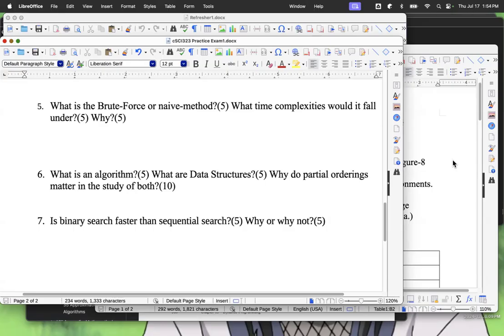And a great example, I think, of a brute force method is doing a depth first search through a binary tree and going all the way down every single branch of the binary tree.